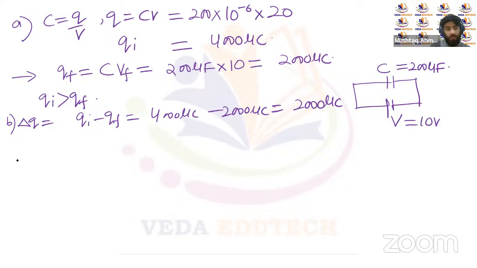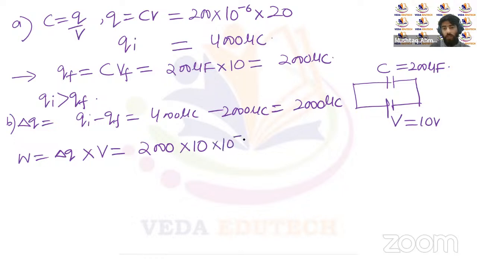The work done will be the total change in charge multiplied by the potential drop. The charge flown is 2000 microcoulomb, multiplied by 10.